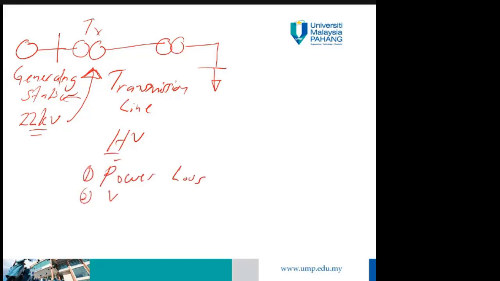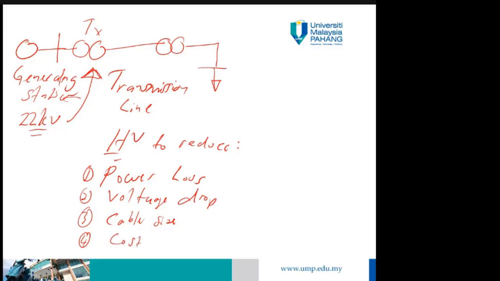Two, to reduce voltage drop. Three, reduce cable size. Reduce power loss, voltage drop, cable size, and hence finally to reduce the cost of the transmission system. That's why we use high voltage transmission. This is the purpose of using this transformer. Okay. This is a single line diagram.